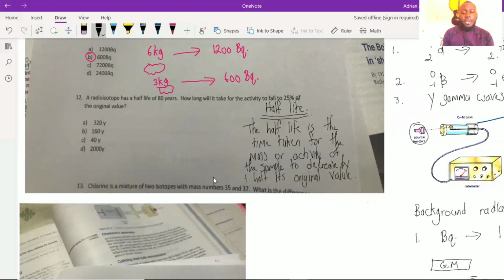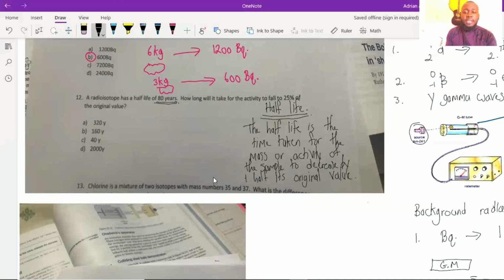Fairly simple there. By saying that this radioisotope has a half-life of 80 years, we are saying it takes 80 years for half the mass or the activity in becquerels or nuclear disintegrations per second to decrease by half its number. That's fairly simple. So let's try to answer the question here.